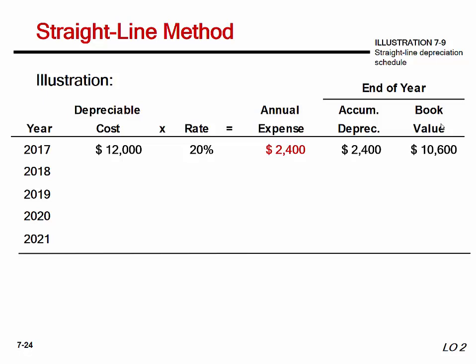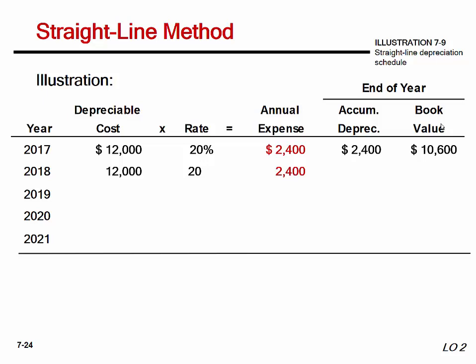For year 2, 2018, we would go through the same process. It's still going to be the $12,000 for the depreciable cost divided by 5 years or multiplied times 0.2, which is 1/5 of the time, and we would get 2,400 again. Our journal entry again would be to increase depreciation expense and increase accumulated depreciation equipment for 2,400.